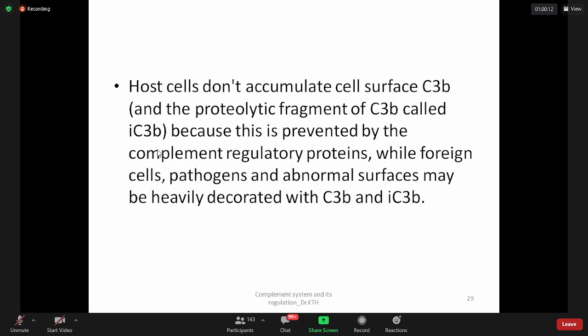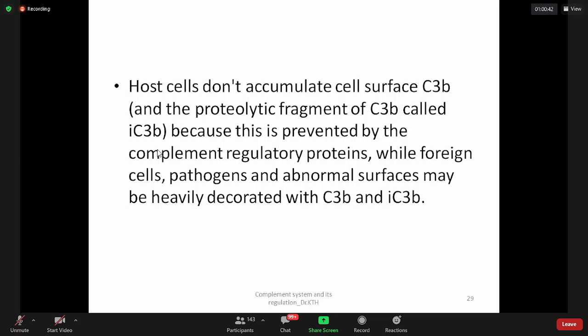Number 3 is that our host cells are unable to accumulate C3b. Okay, because we said if you look at both the alternate and the classical pathway, the reason why cells get opsonized is because C3b tends to accumulate on the surface of a cell, and this increases its opsonability.